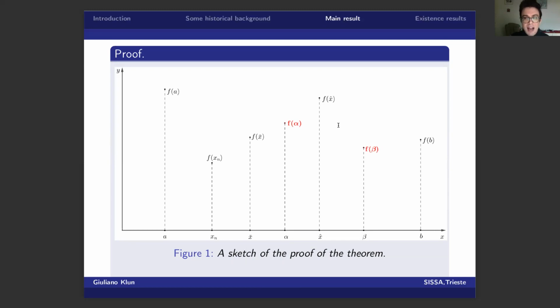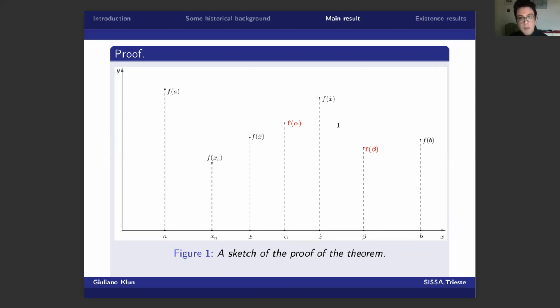So consider now the function f restricted to the interval [x_n, beta]. On that interval, by hypothesis, the function attains its maximum at some point that we call x hat.